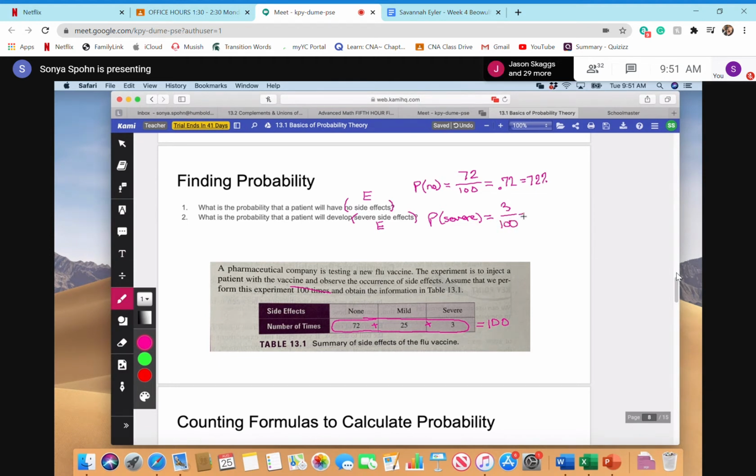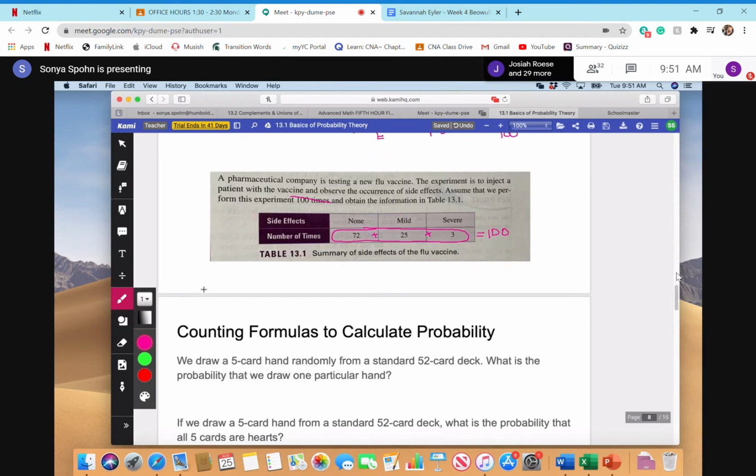And 3 out of 100 is 0.03, or 3% if you turn it into percents. And probability turned into percents will not go more than 100%, because decimals to percents, we should know. So simple probability is basically pretty simple. It is what they're asking you to find over the total outcomes, and your outcomes should be listed somewhere in your problem. Or you can figure it out by knowing how many cards are in a deck or whatever.